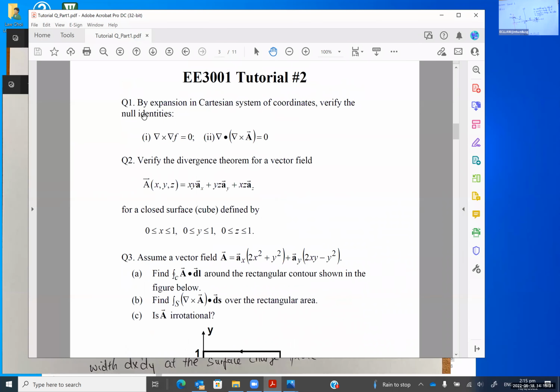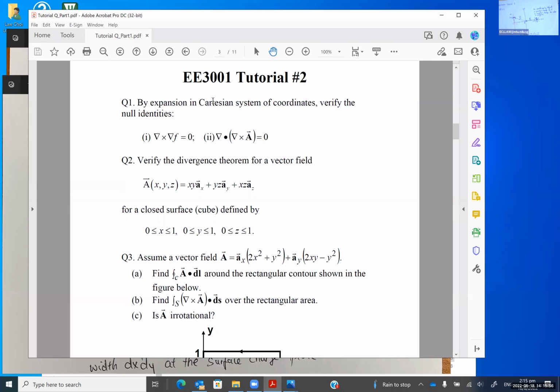Tutorial 2. By expansion in Cartesian system coordinates. What is Cartesian system? Yes, exactly. AX, AY, AZ. The three unit vectors is known as Cartesian system. Give me another equivalent but not Cartesian.